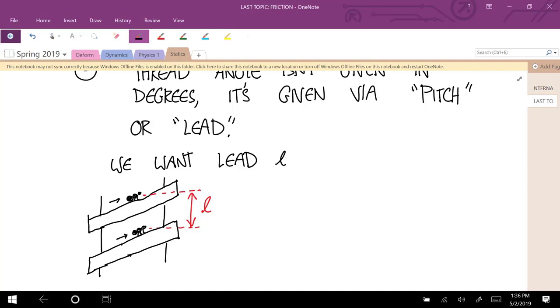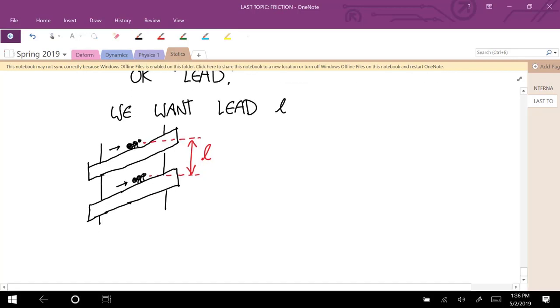So now, if we still call R the same thing, so this is still that distance, little r. Imagine detaching that thread from the screw and pulling it out straight, okay?